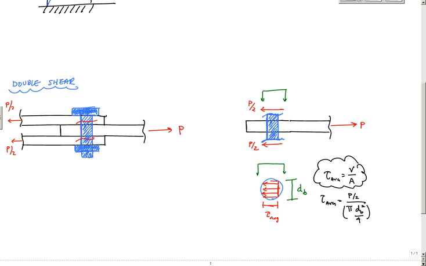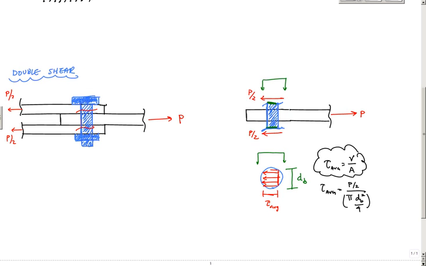One plane and two planes of shear here. The force that's applied here gets distributed over the shear planes, and by equilibrium, the shear force acting over each area of the bolt is P over 2.